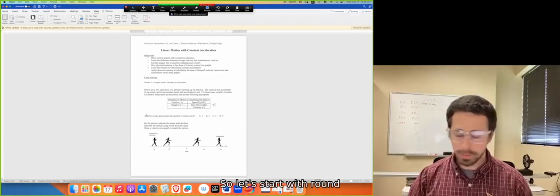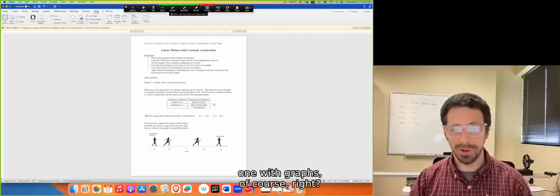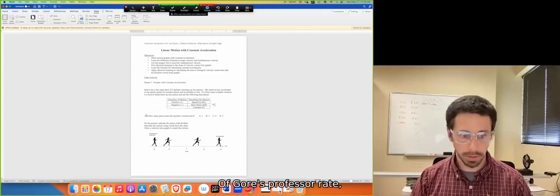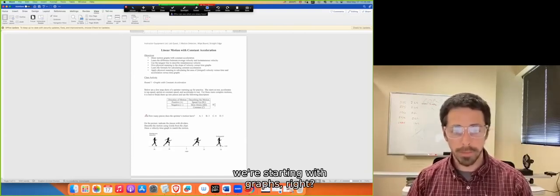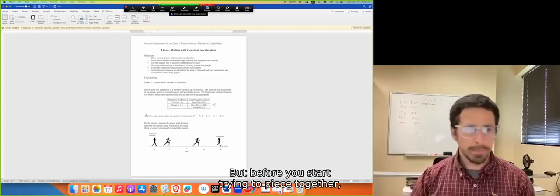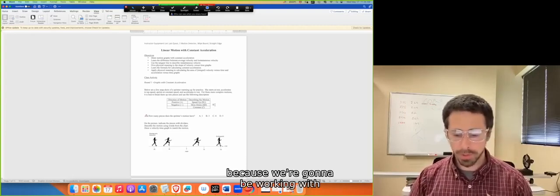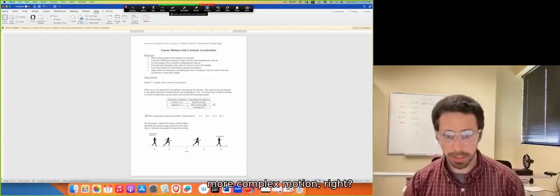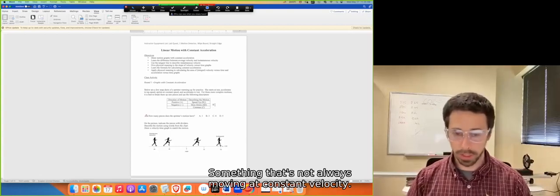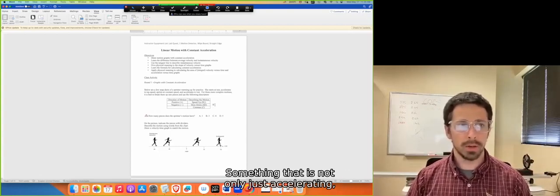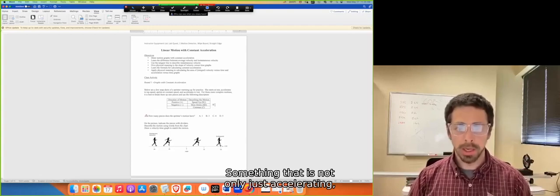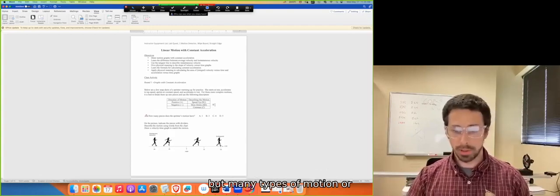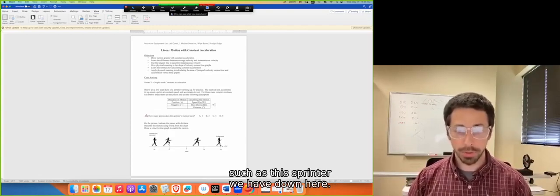So let's start with round one with graphs. Of course, Professor Ray, we're starting with graphs, right? But before you start trying to piece together, because we're going to be working with more complex motion, something that's not always moving at constant velocity, something that is not only just accelerating, but many types of motion are such as this sprinter we have down here.